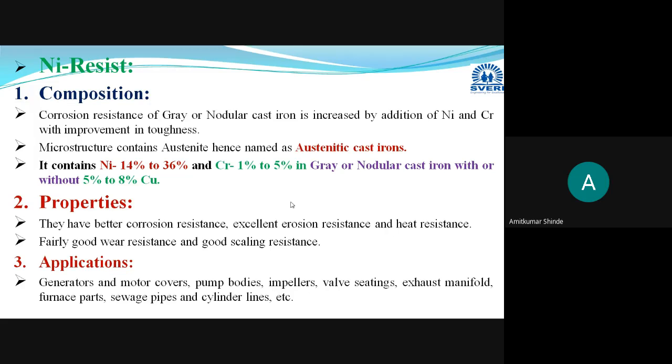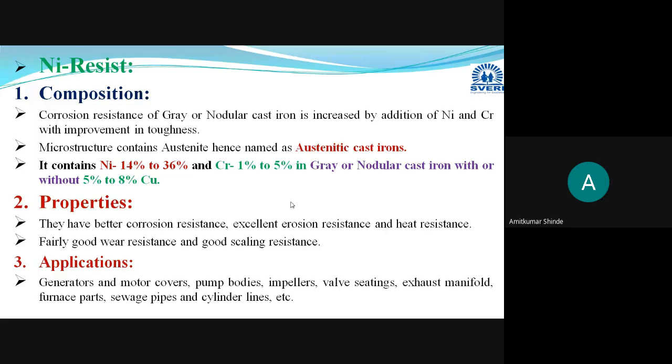And if you observe the microstructure of this type of cast iron, only austenite phase will be there.